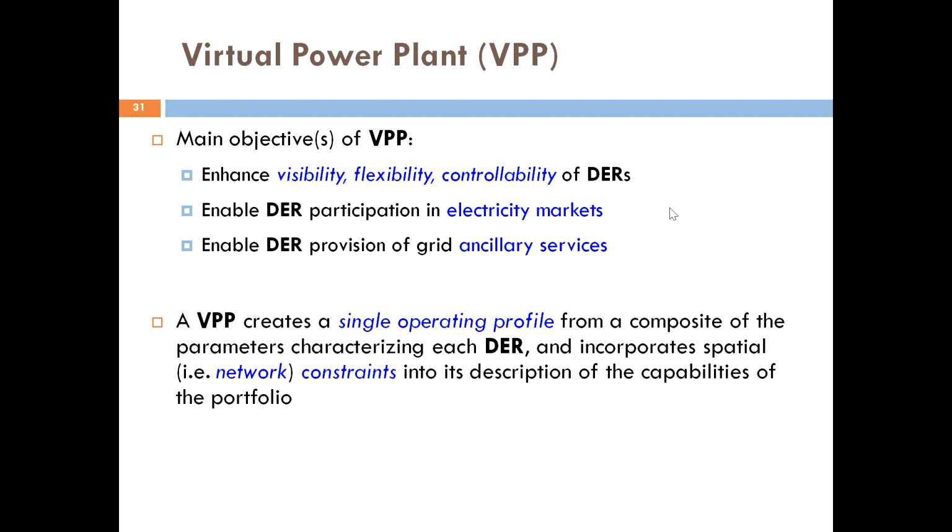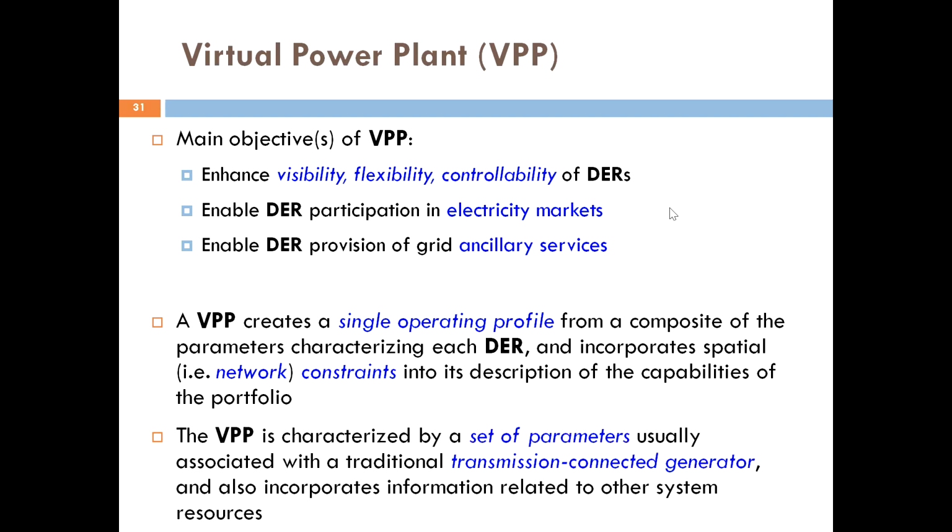So, as I mentioned earlier, a VPP really is an attempt to create a single portfolio or operating profile for a variety of distributed energy resources, which would then enable the VPP to actually operate as a conventional power plant.